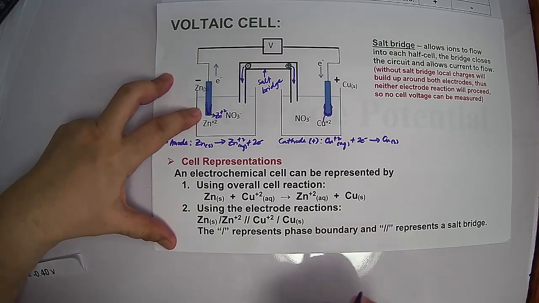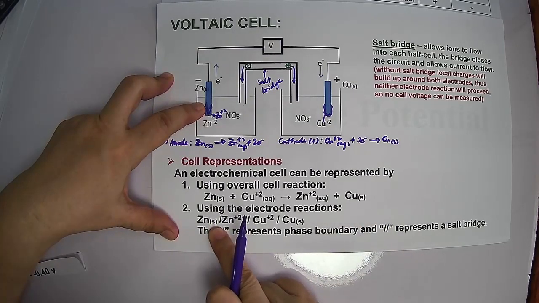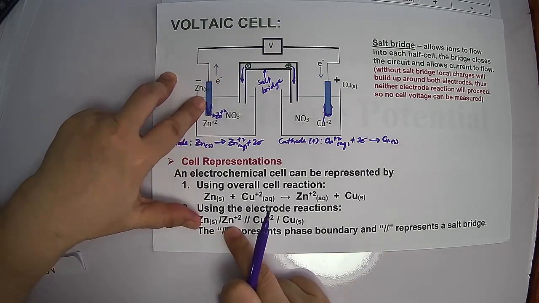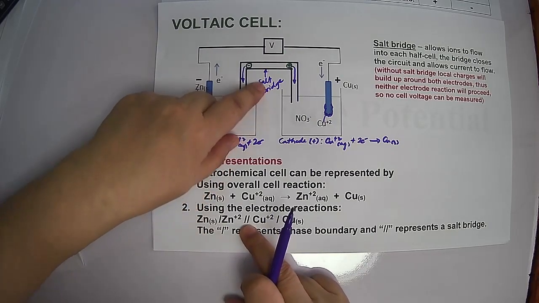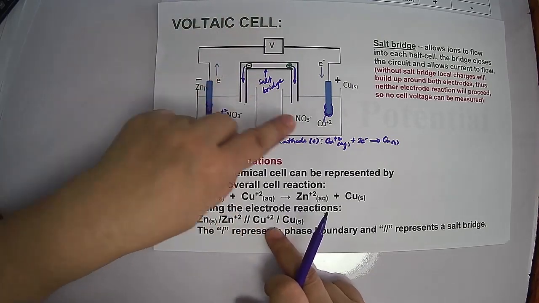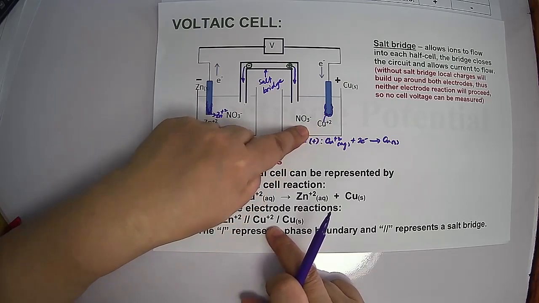Another way of representing your Voltaic cell is by using an electrode reaction, or cell notation. So this is how we read it. The zinc electrode, the single slash is the phase boundary, solid. Then we have the aqueous zinc ion, the cation of zinc. We have the double slash, which represents the salt bridge. Then we have the copper ion in the aqueous solution.